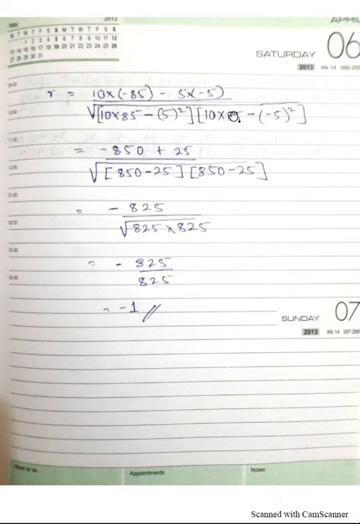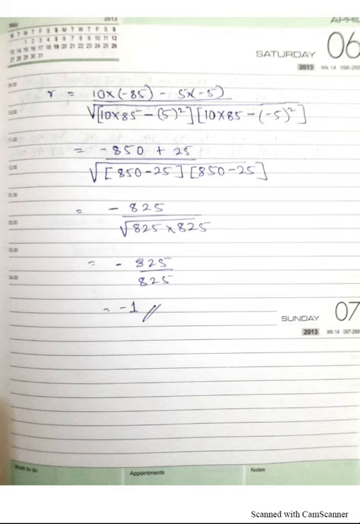Same here, 10 into 85 is 850, minus 5 square is again 25. So minus 825 divided by 825 into 825, so it is 825 square and the under root gets cancelled, so we have minus 825 divided by 825, which is equal to minus 1. So the two variables are perfectly negatively correlated.